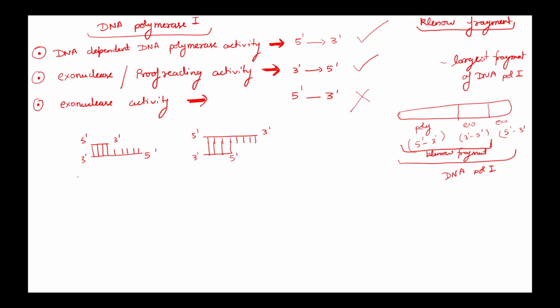Okay, so these are two different overhangs which are present in DNA.